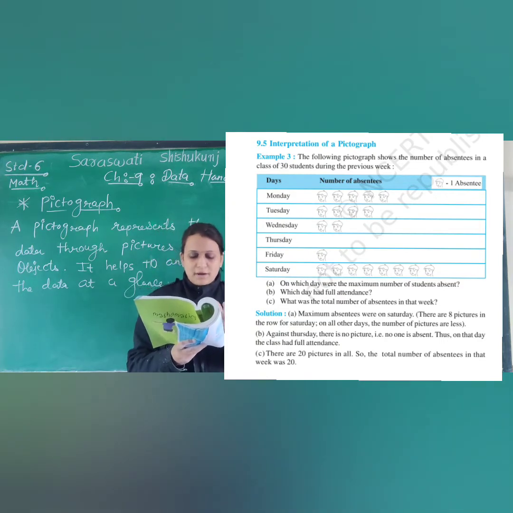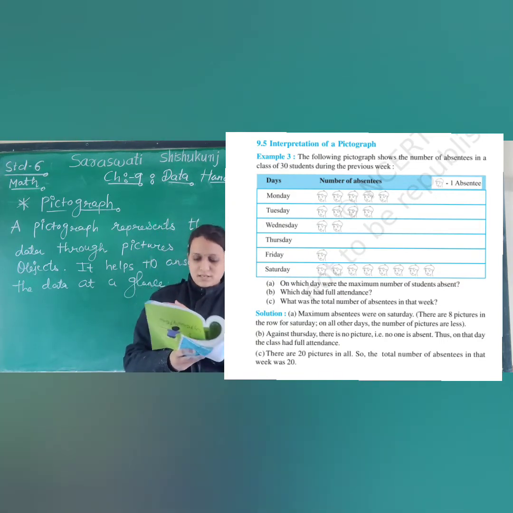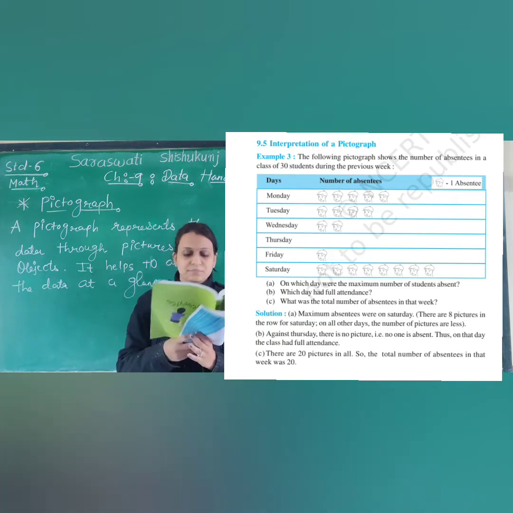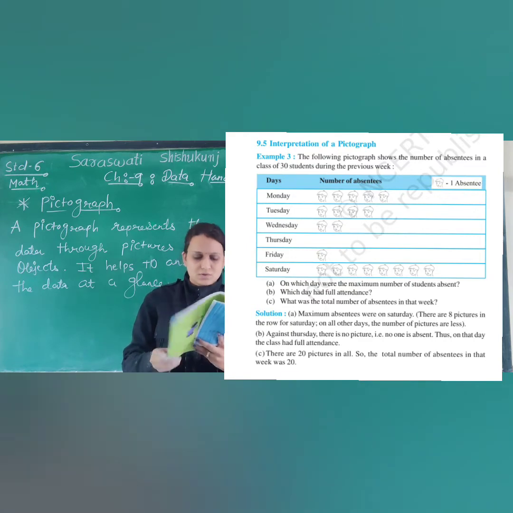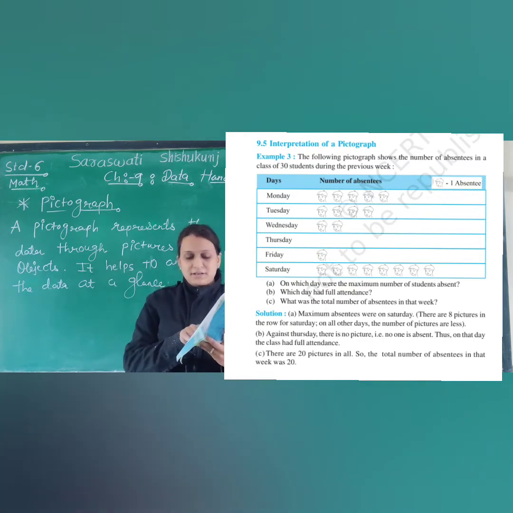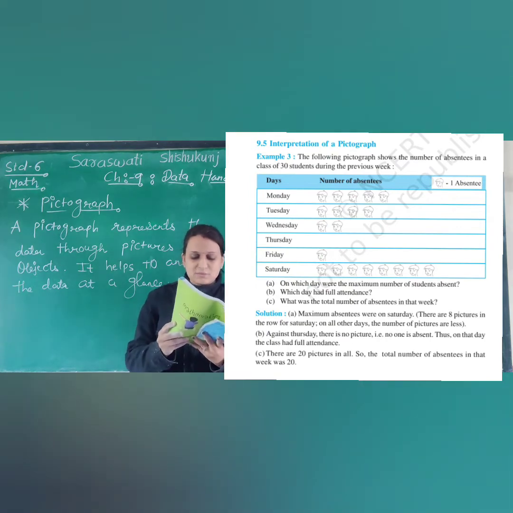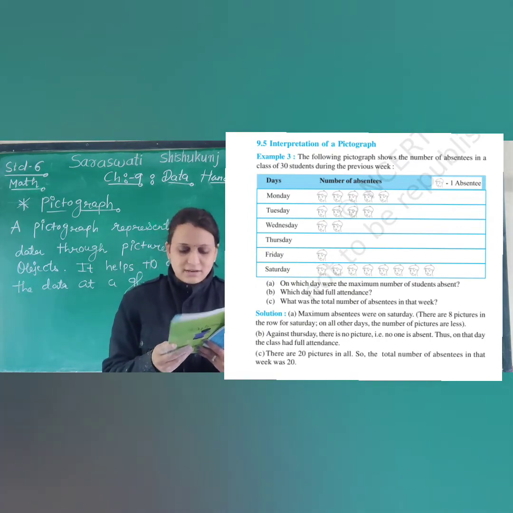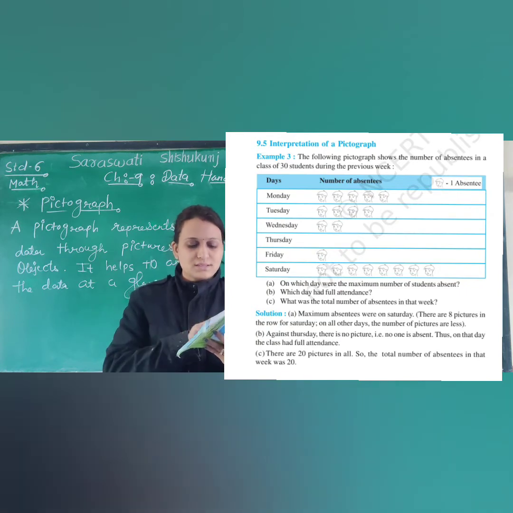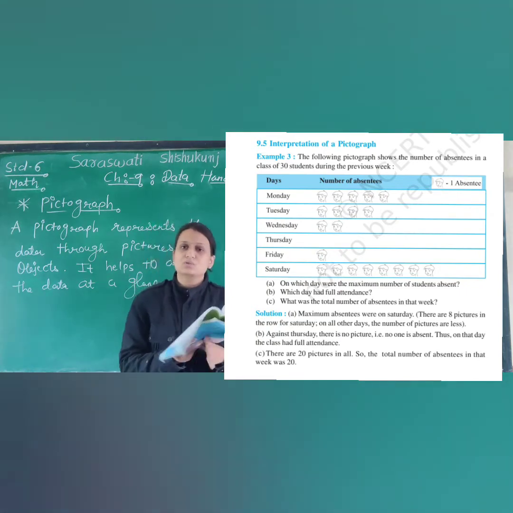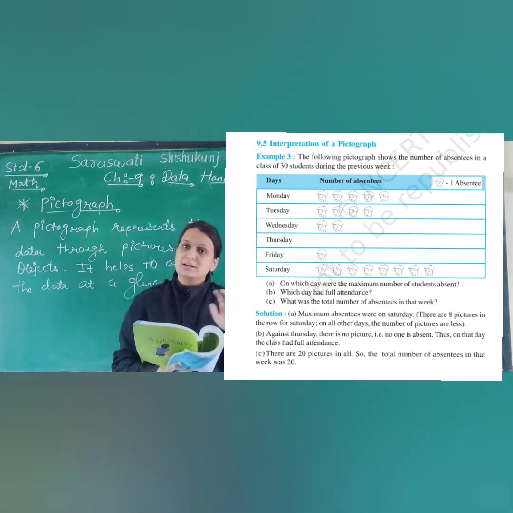You can see that from Monday to Saturday, more students are absent on one day. Which day has more students shown? You can see Saturday. So the answer we are going to write is that the maximum absent students were on Saturday. If you want to count the students, all these are 8. So 8 pictures are in a row. So the maximum students were absent on Saturday.